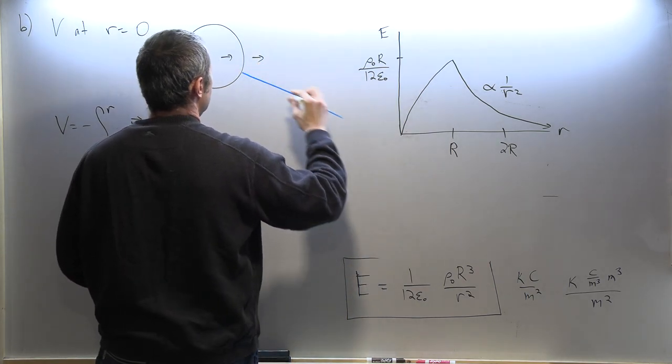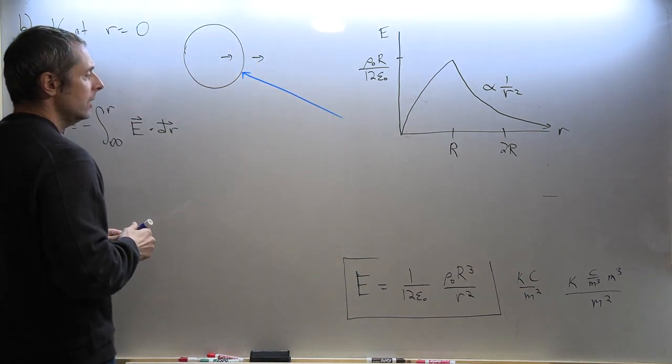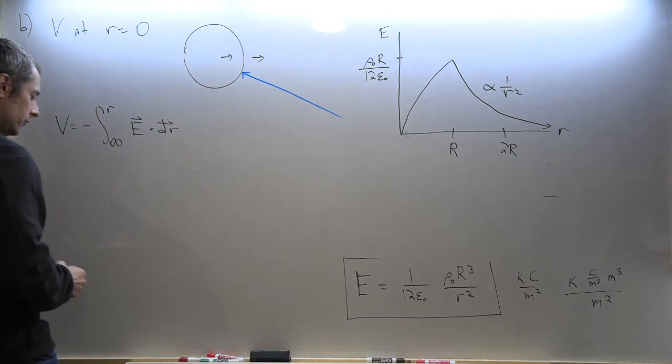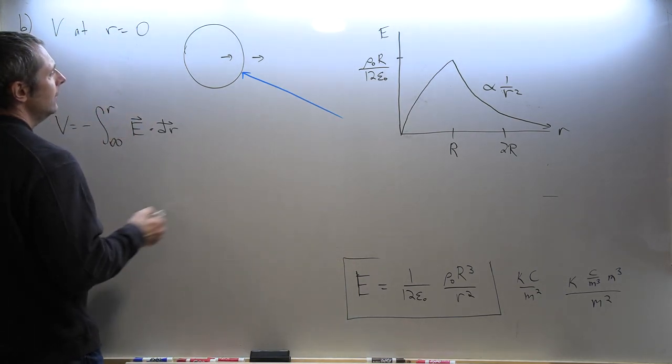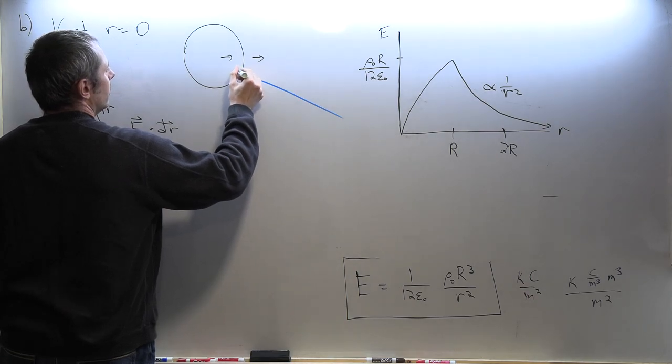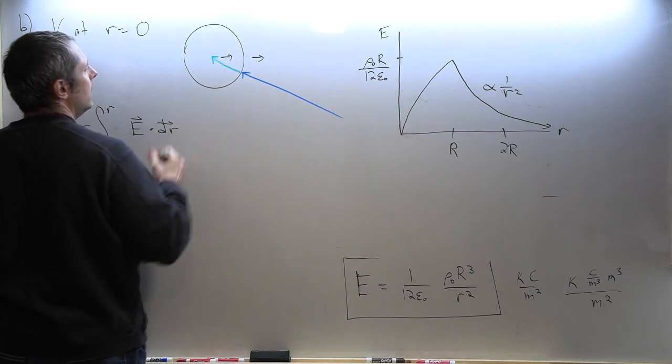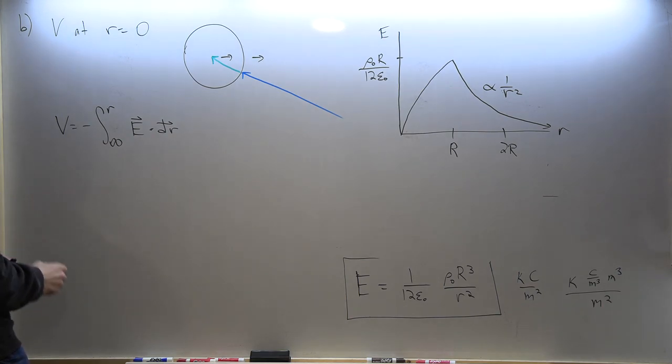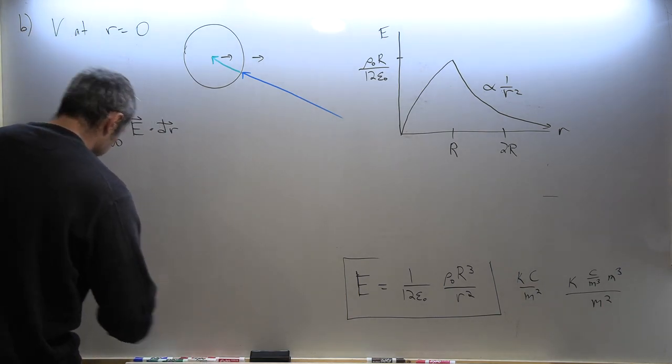Integrate from infinity into the surface using that electric field expression. And then from the surface the rest of the way, we have to integrate with the other expression for the electric field.